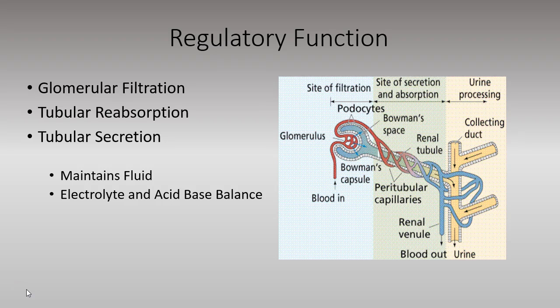If your body needs more water because you are dehydrated, then your tubules will reabsorb that. If your glomerulus filters the blood and finds that you are overly hydrated, then your tubules will secrete that water to pull it off. So again, it maintains the fluid, the electrolytes, and your acid-base balance. Again, homeostasis.